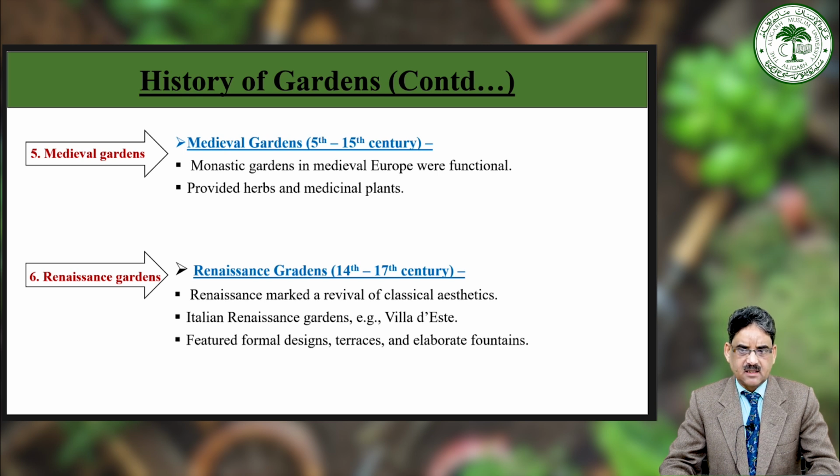Italian Renaissance gardens like Villa d'Este stood out with their formal designs, terraced layouts, and impressive fountains. These gardens symbolized a blend of artistic elegance and innovative gardening during that time.